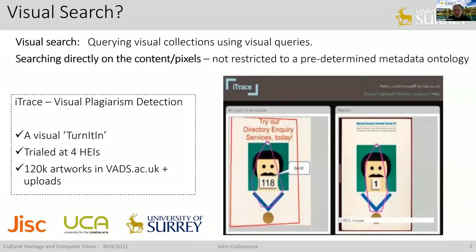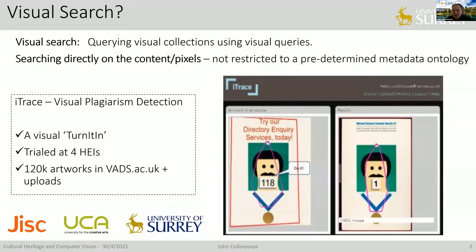So first of all, what do we mean by visual search? Visual search is all about querying visual collections using visual rather than text queries. So it could be a sketch, a photo, any form of visual media used as a query. And why might we want to do that? Usually when we search collections, we search using text, and we leverage metadata that's associated with the records in that collection.